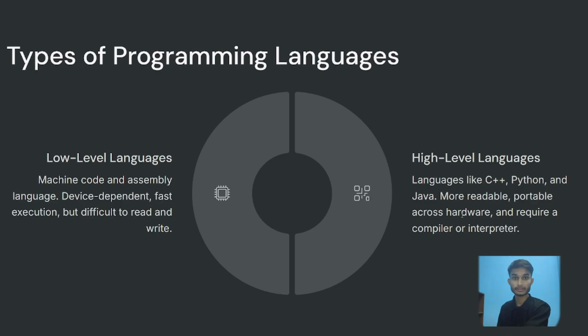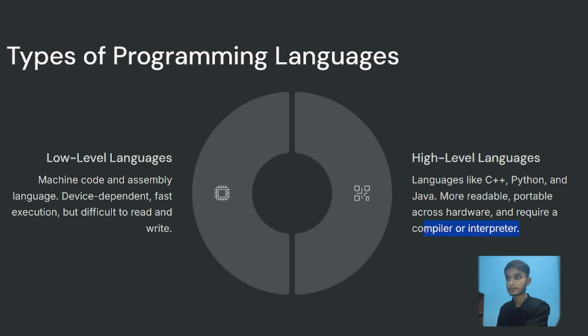We will talk about it in another video. It is because of the JVM, the JRE, and other things, so we'll talk about this later. You should understand that high level languages are English based, portable, more readable, and require an interpreter or compiler.